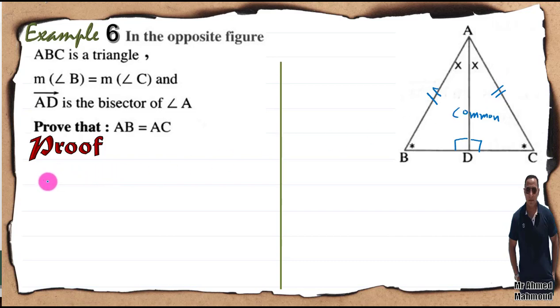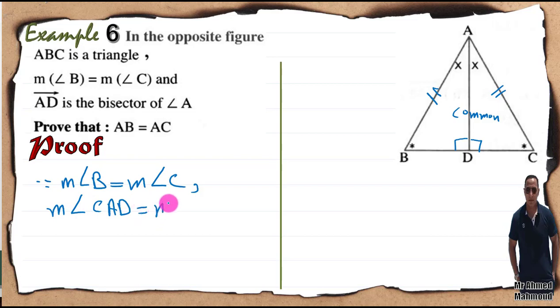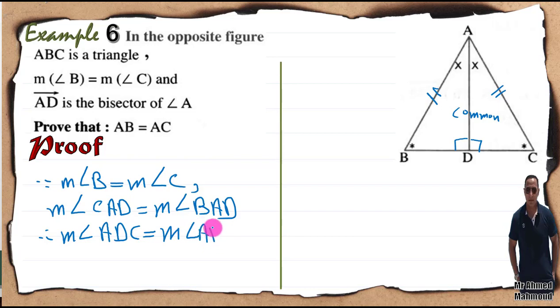Okay, so since measure of angle B equal to measure of angle C, and measure of angle CAD equal to measure of angle BAD, therefore measure of angle ADC equal to measure of angle ADB.